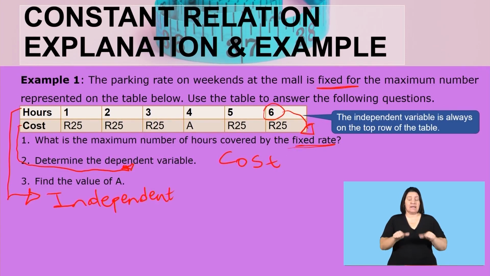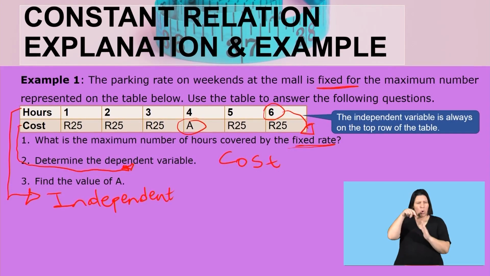The next question, find the value of A. So for us to find the value of A, the value of A is the amount which will be paid if someone has parked for 4 hours. But I think looking at the context, you can see that if somebody parked, as long as the time does not exceed 6 hours, the amount is the same.